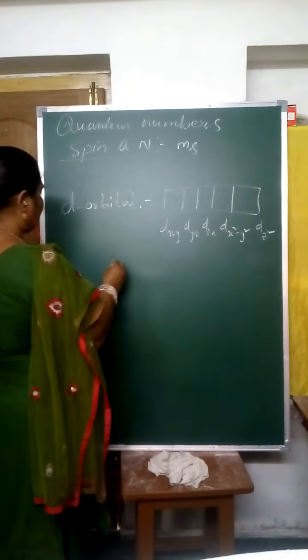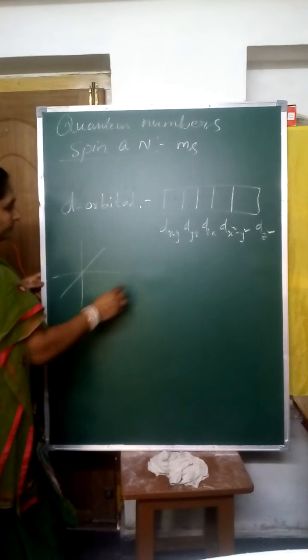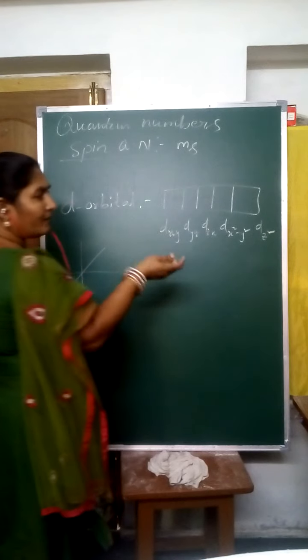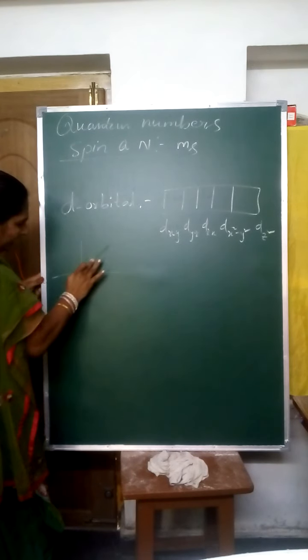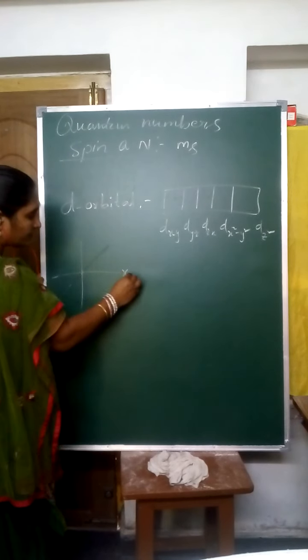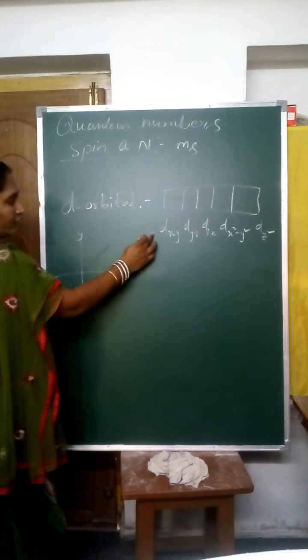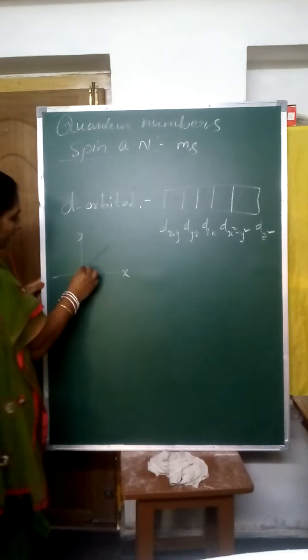But how can you draw them? You take here dxy, the xy plane. Plane means very simply, keep the names first, x and y. If you want to draw dxy, name it like this, x and y.